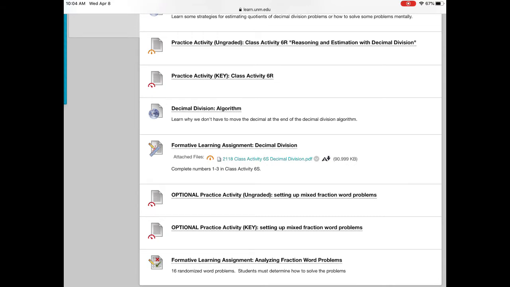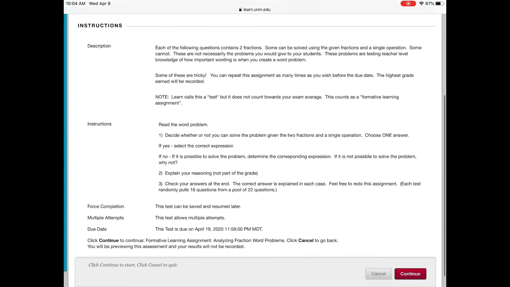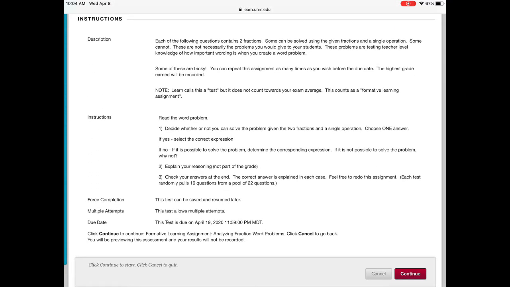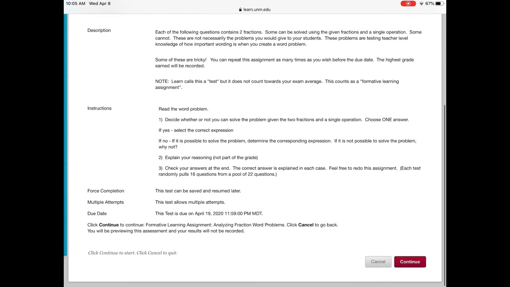And so when you open it, it has language about test, but just ignore that language. This is supposed to be an assignment to learn from, not as much to summatively test at the end what you've done. So where it says this test can be saved and resumed later, this test allows multiple attempts, don't worry about the language test there.